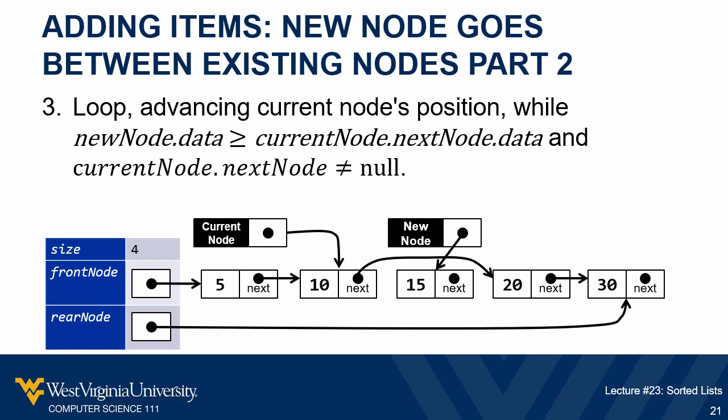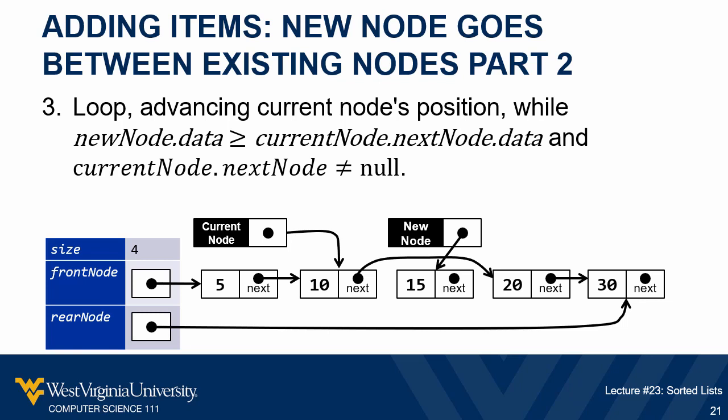The first thing is while the value that's in my new node, so its data, is greater than or equal to what is in my current node's next node's data. The second thing that we're going to iterate for is if the current node's next node is not null.